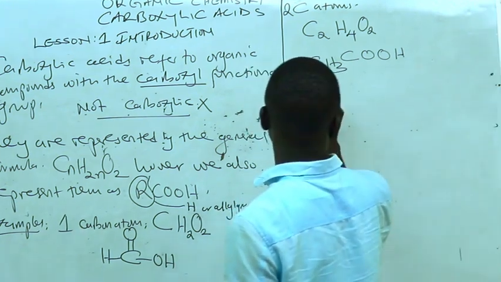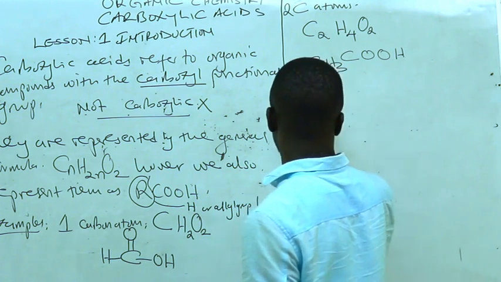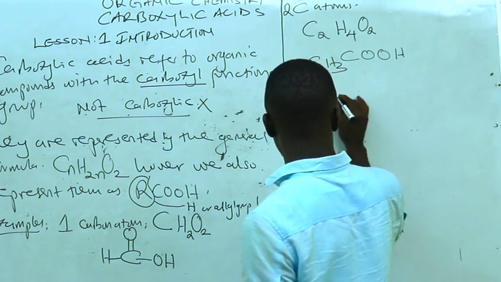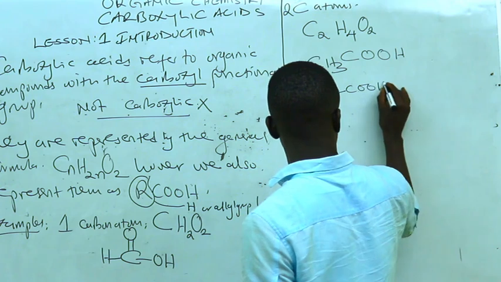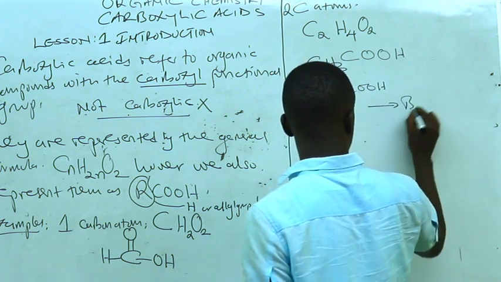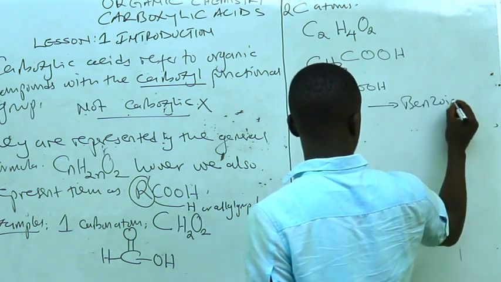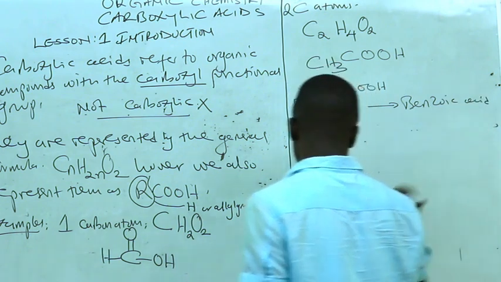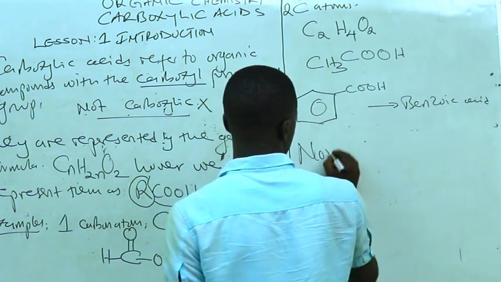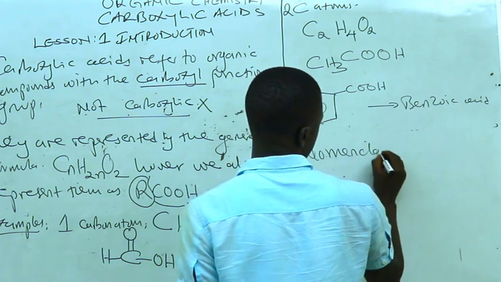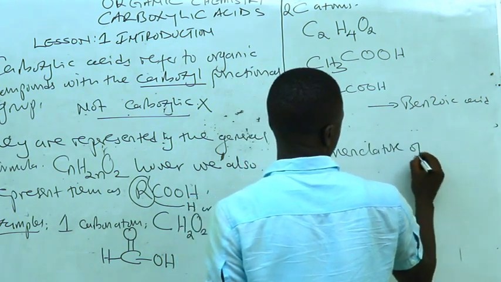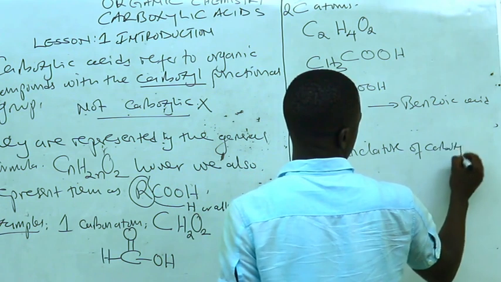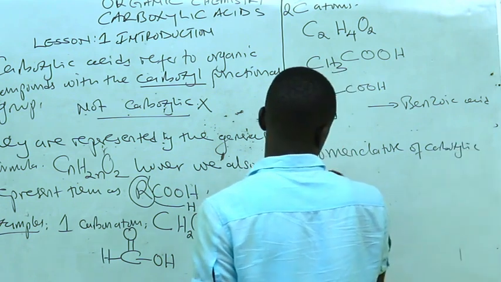We could have other examples which have an aryl group, and this is benzoic acid. And this takes us to the nomenclature of carboxylic acids.